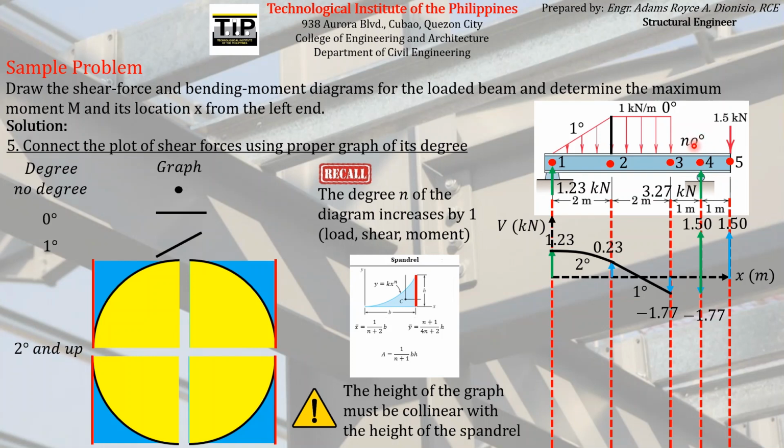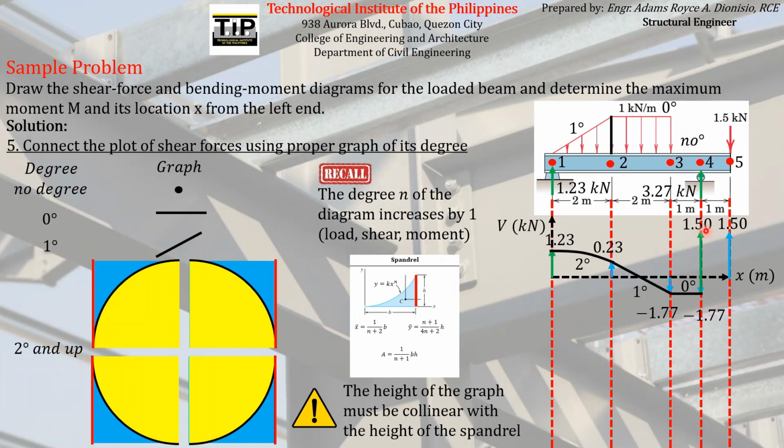Therefore, the degree of the shear force diagram below this must be one degree higher than no degree. And what is one degree higher than no degree? It must have a 0 degree. And what does a 0 degree graph look like? Again, it's just a horizontal line.